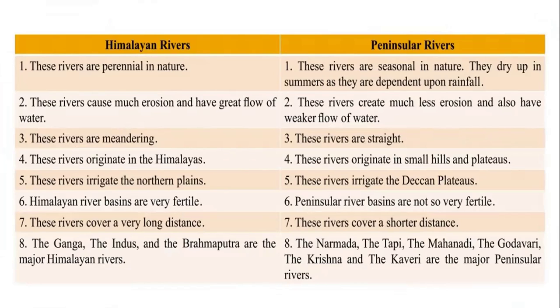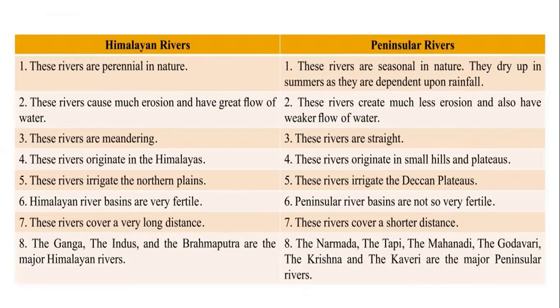Next point: Himalayan rivers originate from the Himalayas. Peninsular rivers originate from small hills and plateaus. Himalayan rivers are very helpful for irrigating the northern plains. We all know that the northern plains are very fertile, and agriculture is carried out there, and Himalayan rivers are used for irrigation.